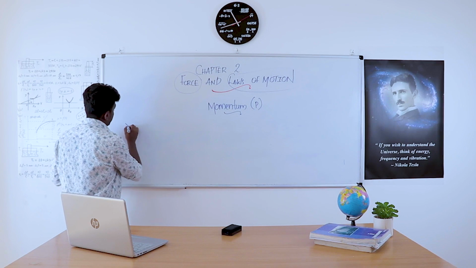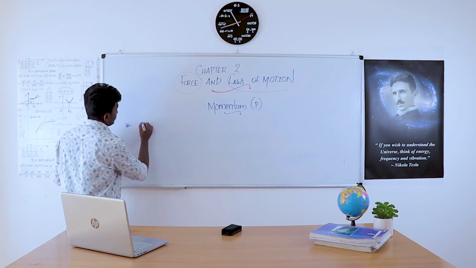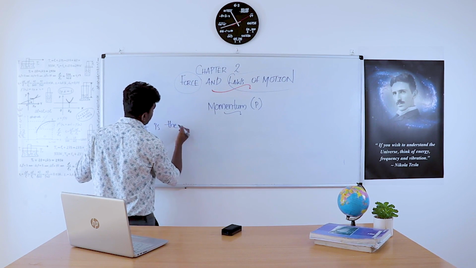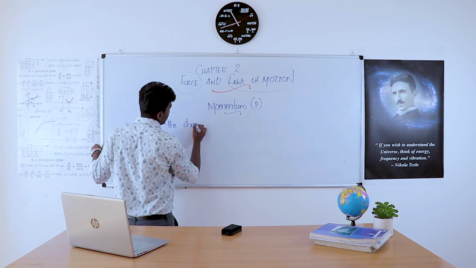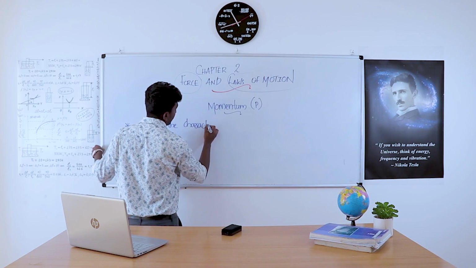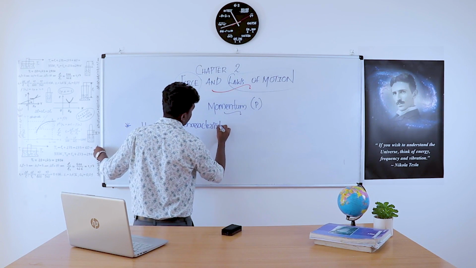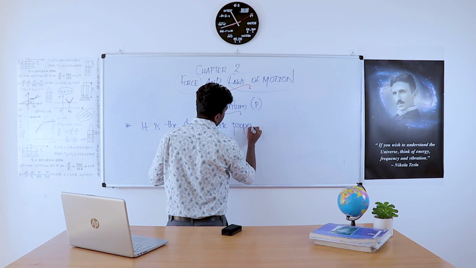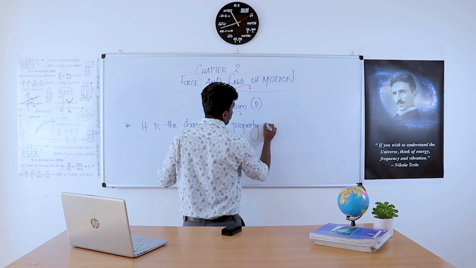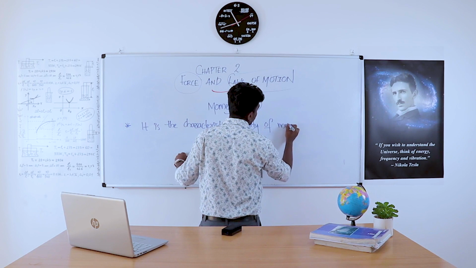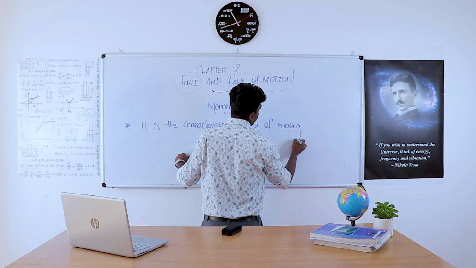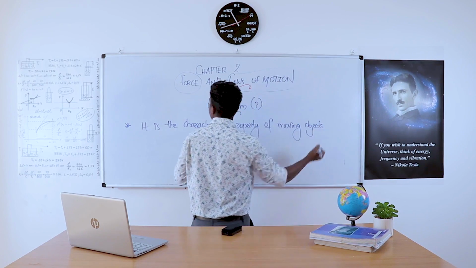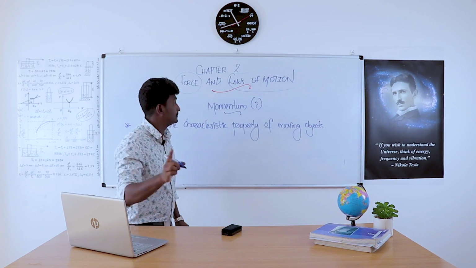As the first point, we can write: it is the characteristic property of moving objects. That's the first point.